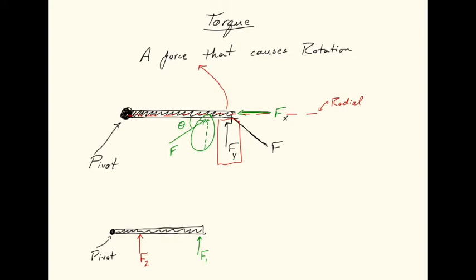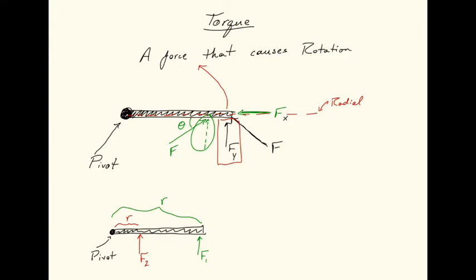So it basically means that each one of these forces is at some distance, which we'll just label r, because again, it's along some radial line. It follows that the torque has to depend not only on the force that's perpendicular, but also on how far from the pivot you apply the force.